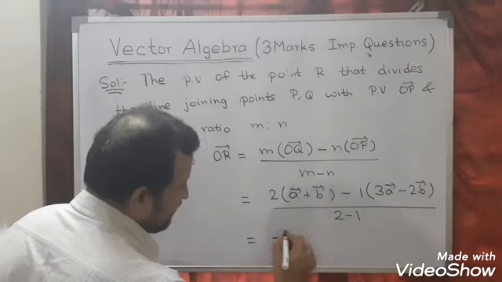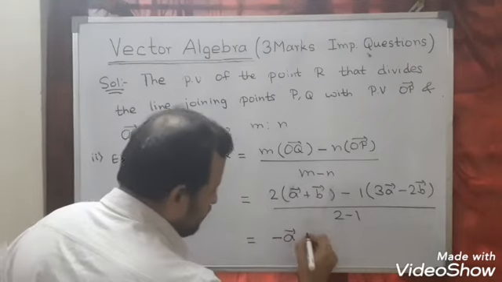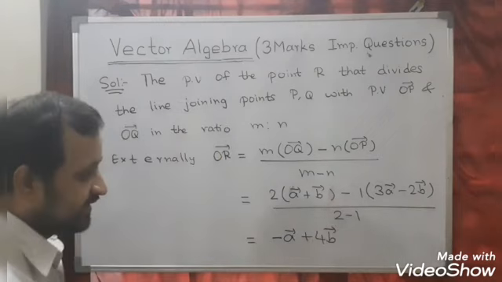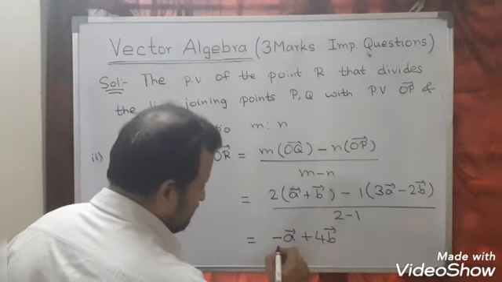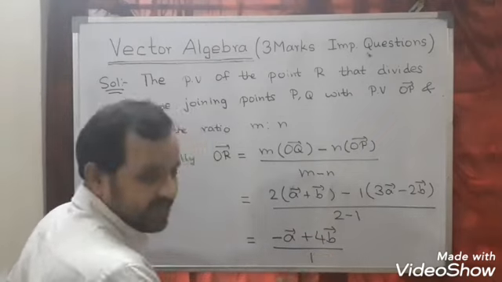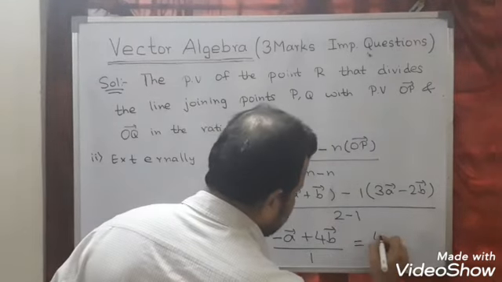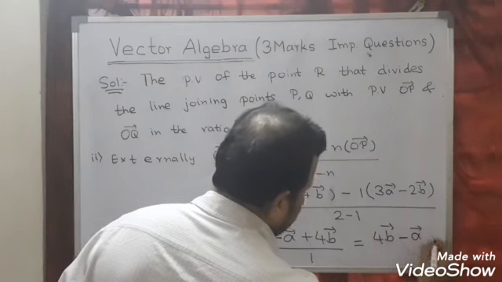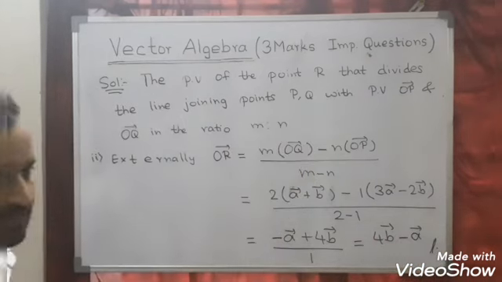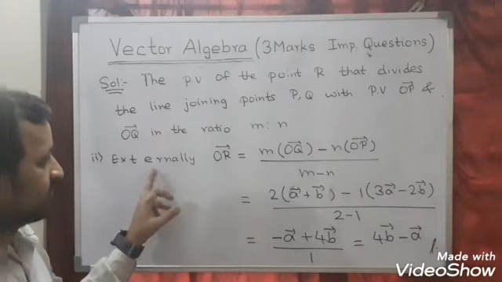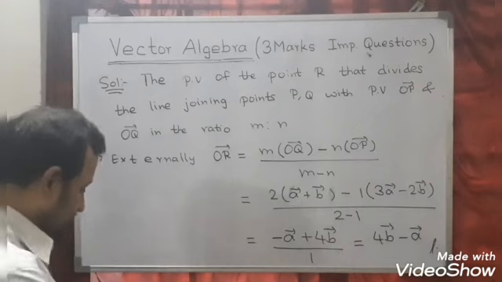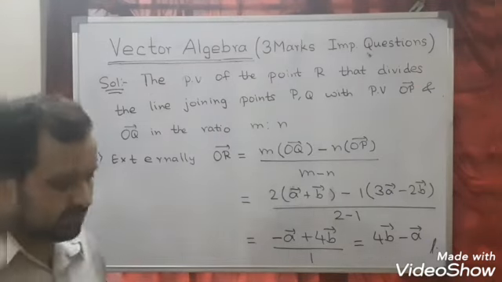Minus A vector will come. 2B plus 2B, you will get 4B vector. 2 minus 1 is 1. Finally, the answer is 4B vector minus A vector. So this is the required external division when the ratio is given as 2:1.